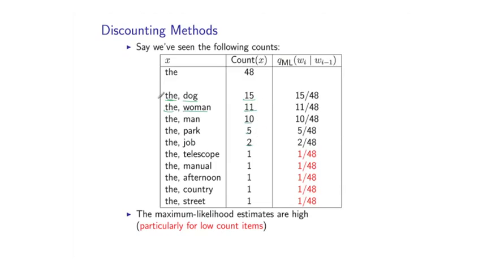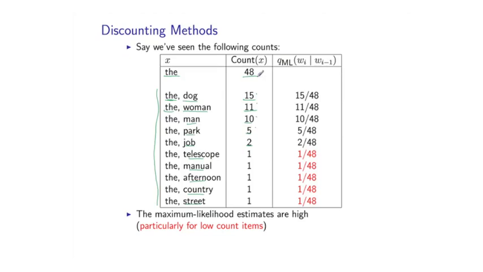I'll assume in this example that in this list I've shown all bigrams whose count is greater than 0. So I have the full list of words which are seen one or more times following the word "the". There are about 10 of these words in total. And so the number of times I've seen the word "the" is going to be the sum of these counts. It's actually 48 in this case.